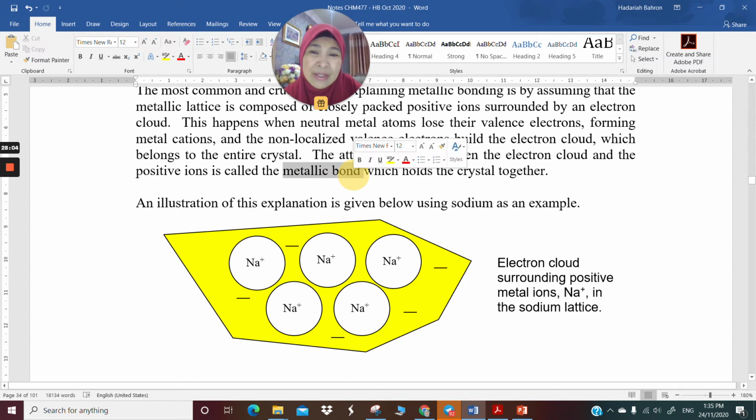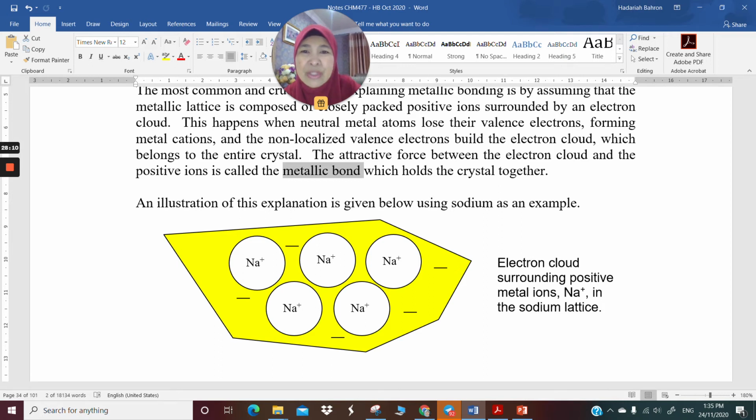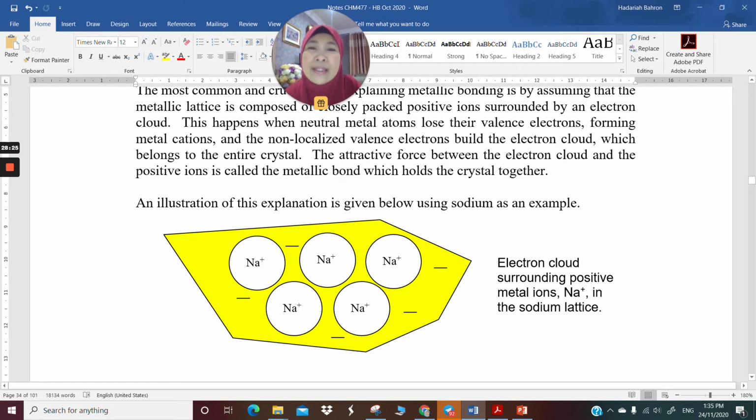So the strong bond that exists in metals actually is the attractive force between the positive ions of the metal and the valence electrons that are located around the positive ions. And the metallic bond will hold the crystal of the metals together.